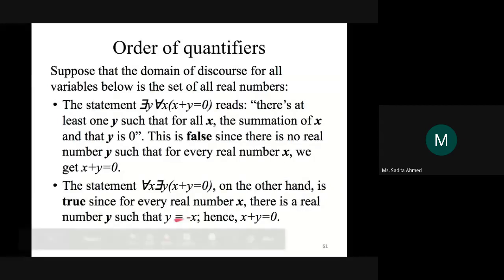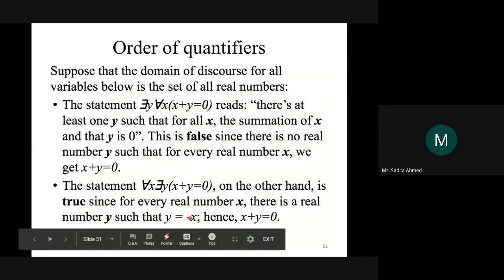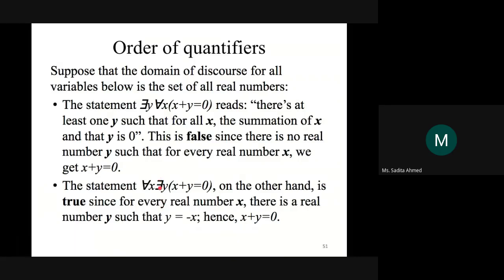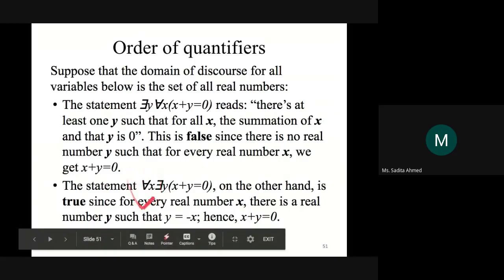Every single real number has exactly one negative. And we need only one because existential means at least one. So for all real numbers x, there exists at least one real number y which will give you x plus y equals 0. And this is true because every real number has one negative or one opposite. That's why this statement is going to be true.